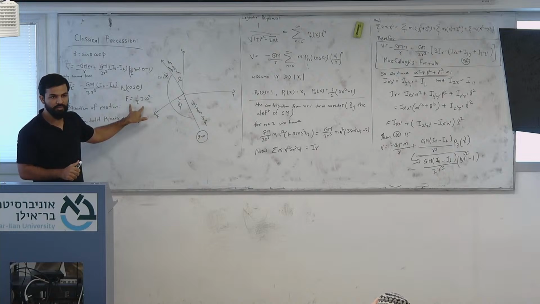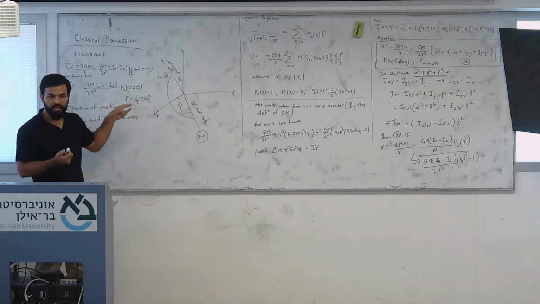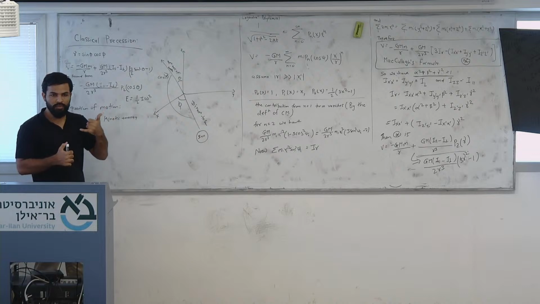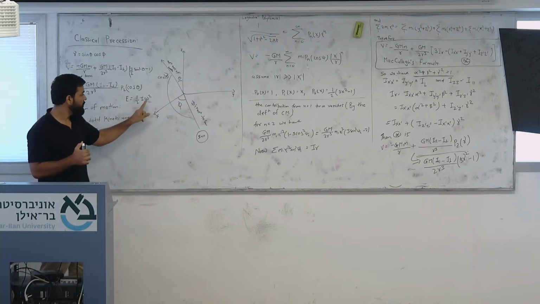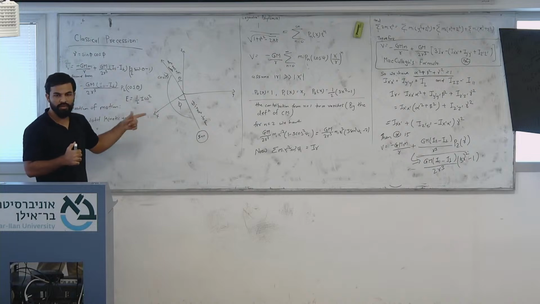Now, since energy is an additive quantity and I have rotation along all three directions, I will write down the moment of inertia and angular velocity along all three directions.